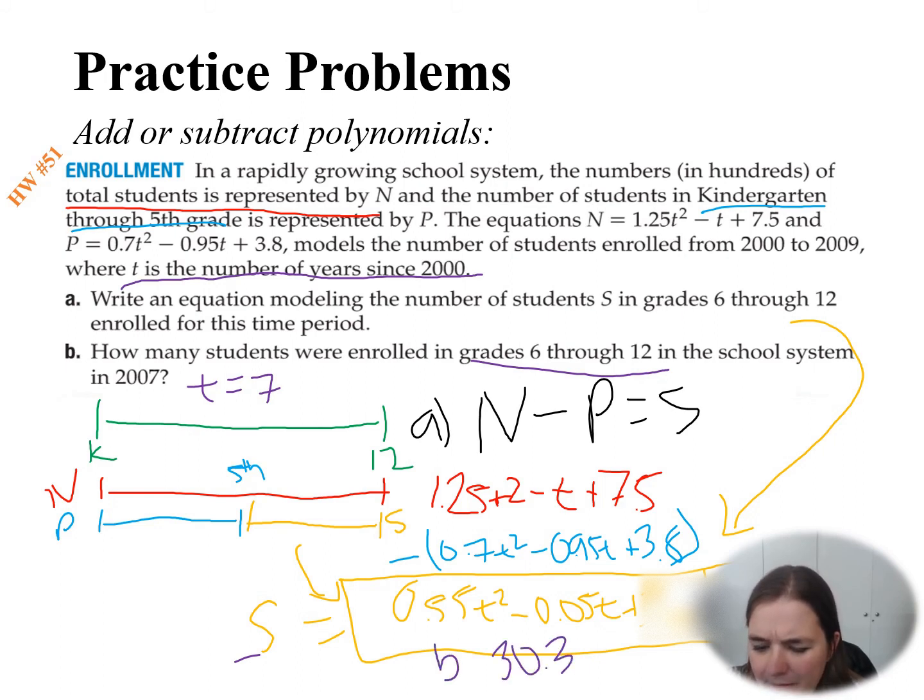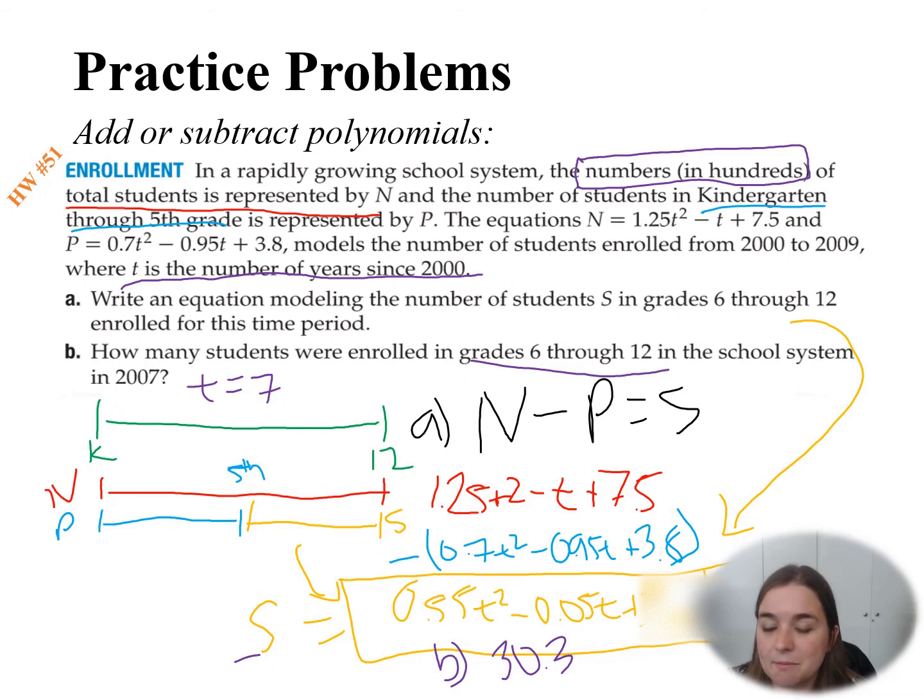But that's not quite my final answer yet, because now I need to figure out what that number is telling me. Well, I know from my original information here that the answer I get is the number in hundreds of total students. So I have 30.300 students in grades 6 through 12. I could write this out as 30.300 students and put a box around it, but because I'm talking about hundreds, I think it's most useful to turn that into a number of students.